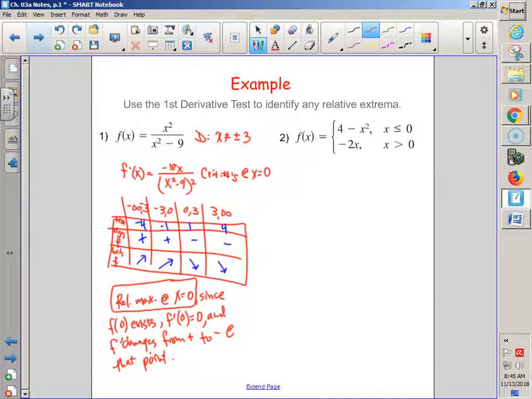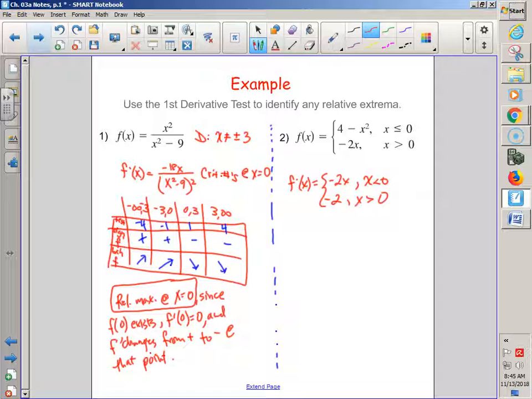So when I come over to this guy, isn't it nice if we can just look over at our derivative simplified work and say, oh, sweet, okay, the derivative f prime of x is equal to negative 2x and negative 2. Guys, why is there no equal 0 in this piecewise function for my derivative?